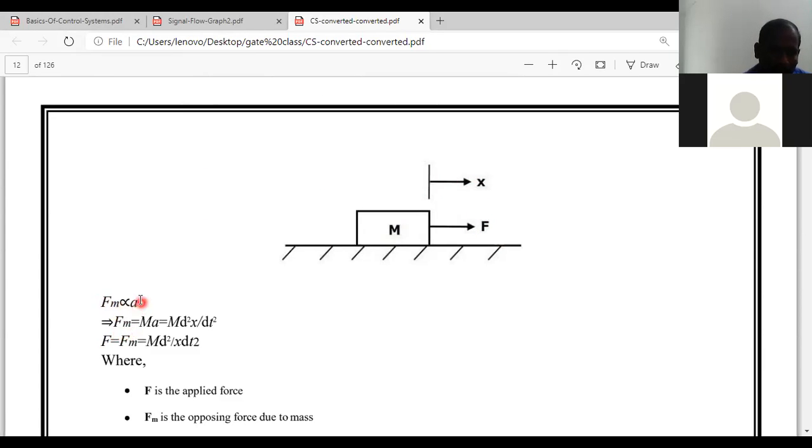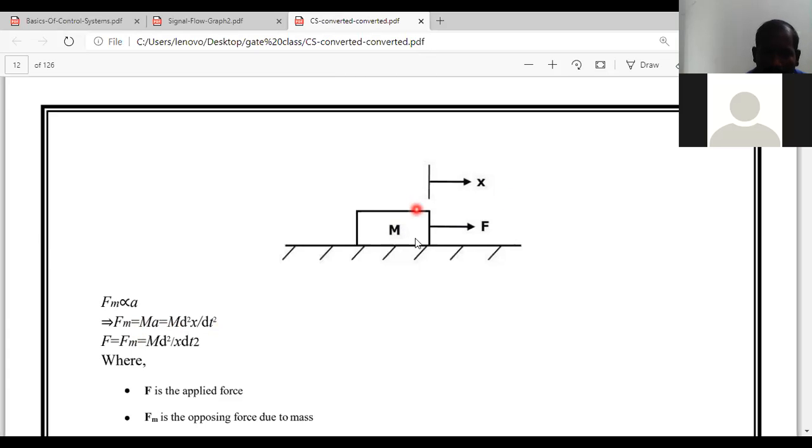By Newton's law, F is equal to m into A, where m is mass and A is acceleration. The double differentiation of displacement is acceleration, so F is equal to m into d square x by dt square.